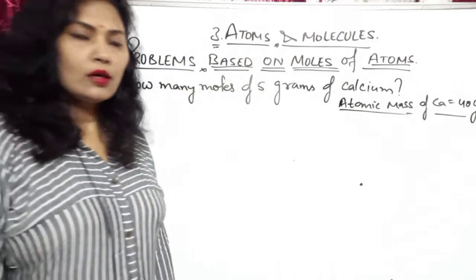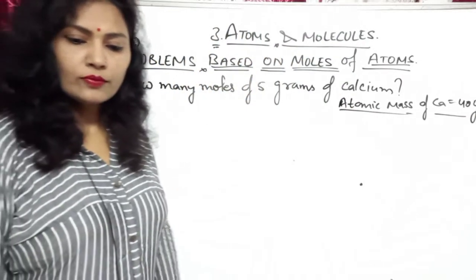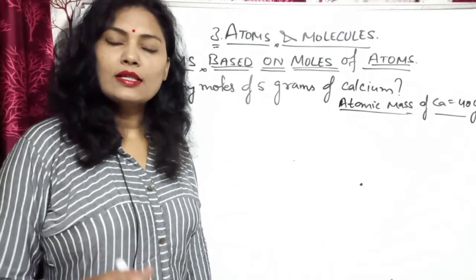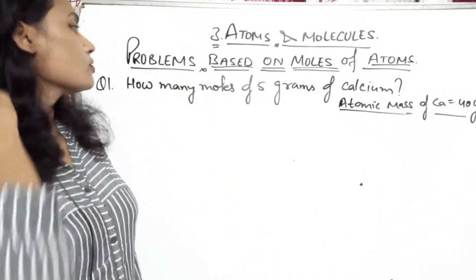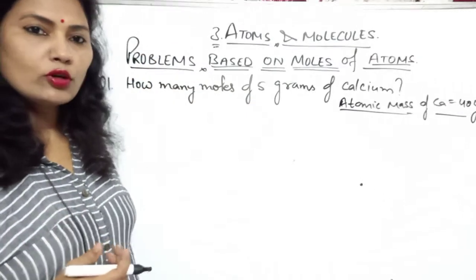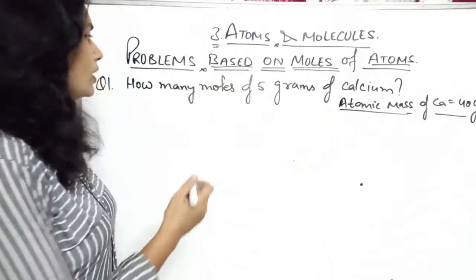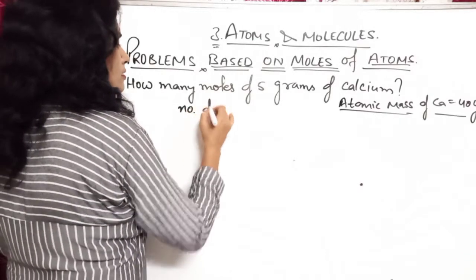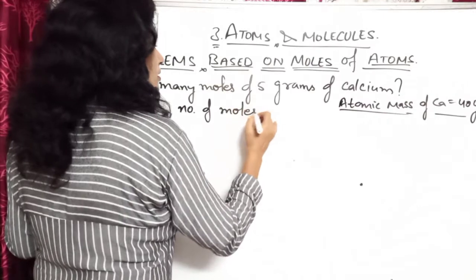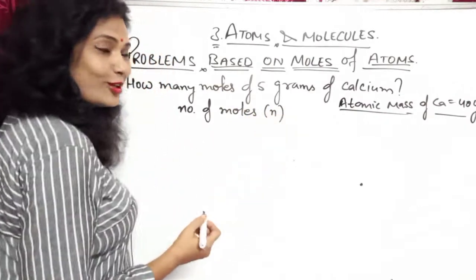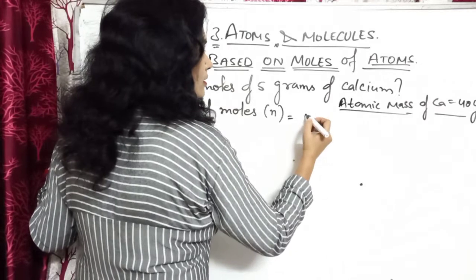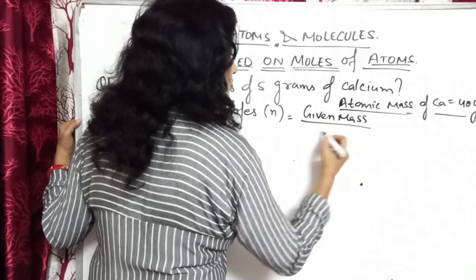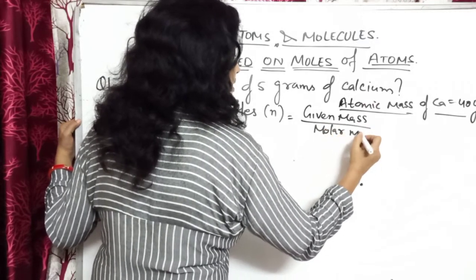Got it? Now, you know the formula. I have told you that number of moles, denoted by small n, equals given mass upon molar mass.